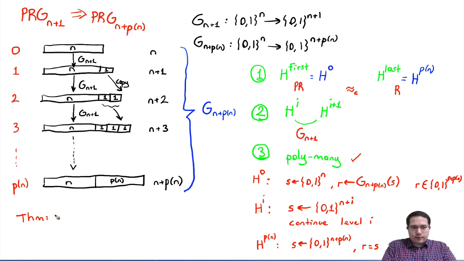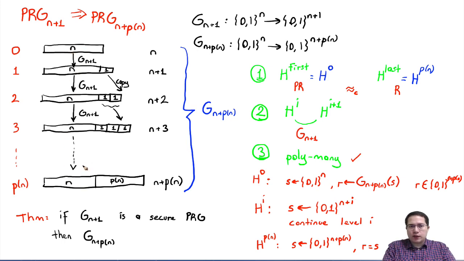The theorem says if this Gn plus 1 is a secure pseudo-random generator that has n plus 1 bit output, then this new pseudorandom generator we defined, Gn plus Pn, which is essentially this whole construction, repeating Gn plus 1 Pn many times on the first n bits of the output, taking these extra bits here, will be a secure pseudorandom generator with n plus Pn bit output.